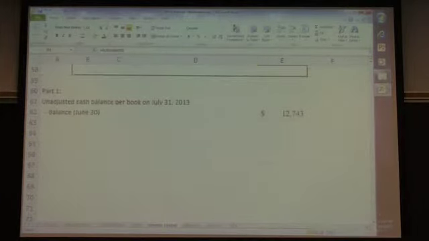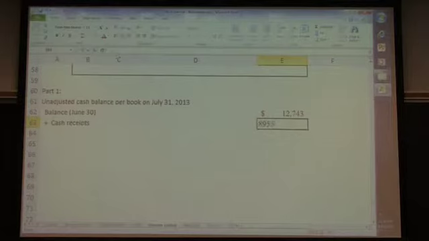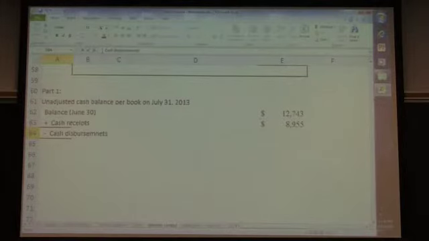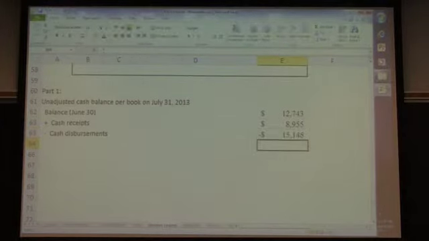So if we take the opening balance, add the cash receipts that they have recorded, which is 8,955, and subtract any cash disbursements, which is 15,148, my total unadjusted balance should be 6,550 at the end of July.